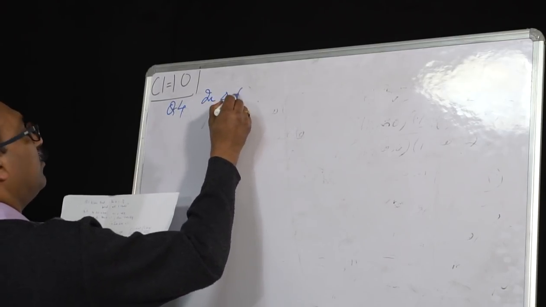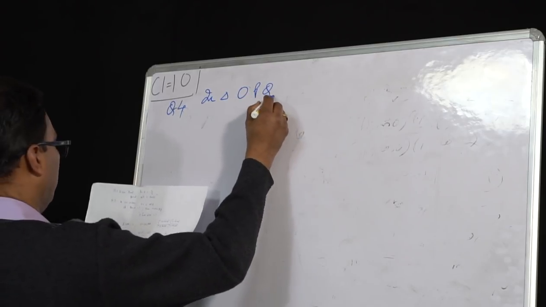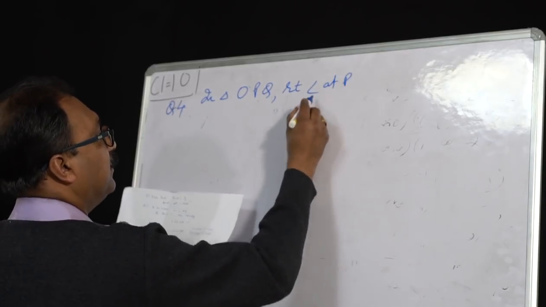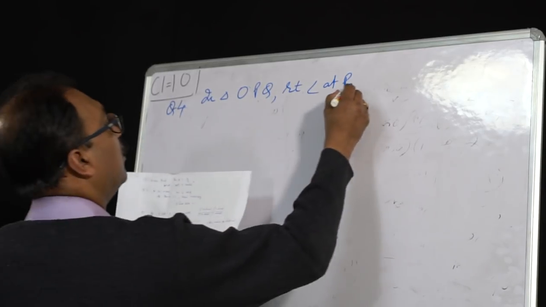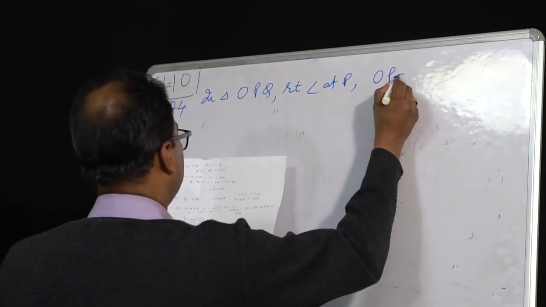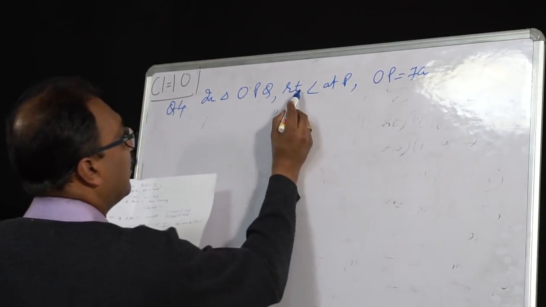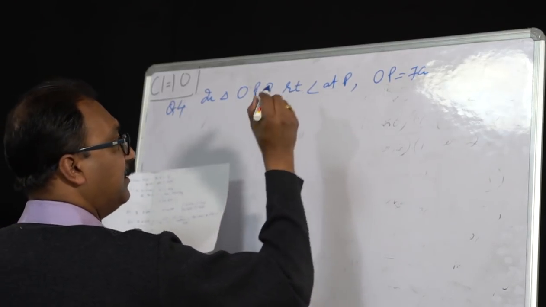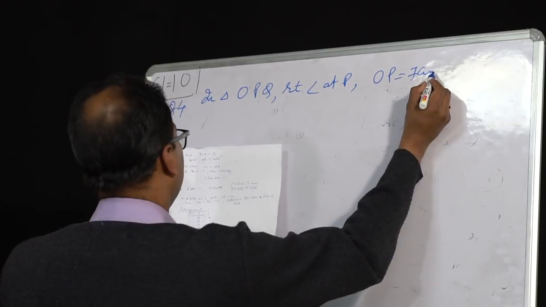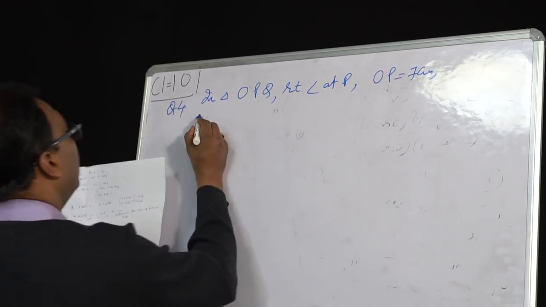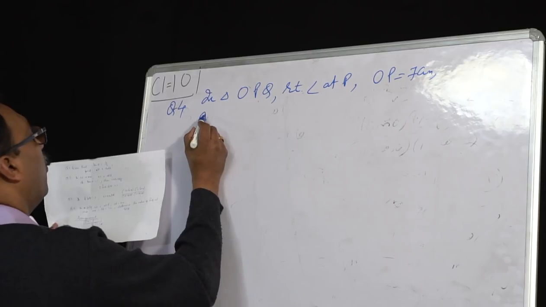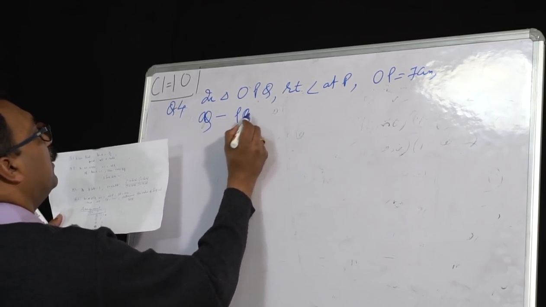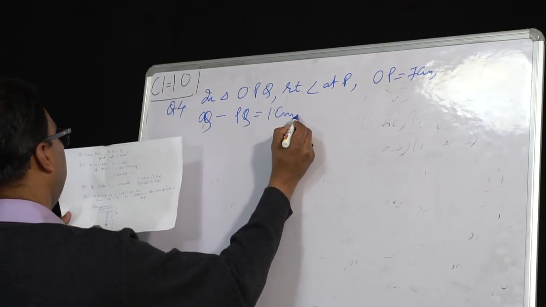In triangle OPQ, right angle at P. This is the symbol I used. OP is equal to 7 centimeter. Right angle is the symbol of angle at P. OQ minus PQ is equal to 1 centimeter.